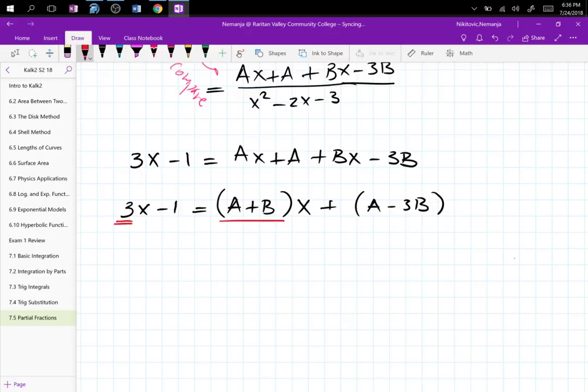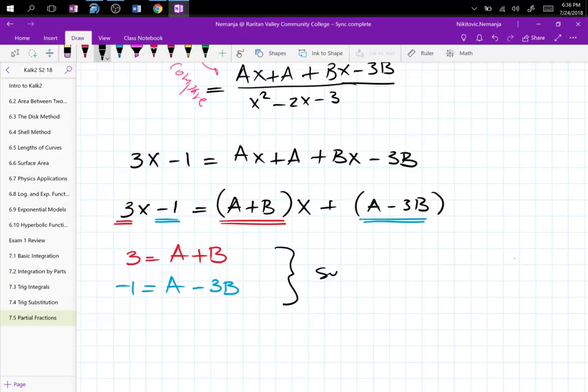The coefficient of x has to be the same as the coefficient of x, and the constant term has to be the same as the constant term. This is where you get your equations. So your red equation says that 3 is equal to A plus B, and your blue equation says that negative 1 is equal to A minus 3B.